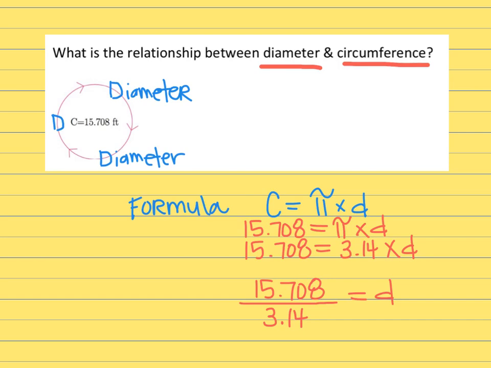There's 2 things we could do. We could either say C divided by D equals pi, or we can say C divided by pi equals D. And I know that might seem a little bit confusing right now because there's no real numbers.